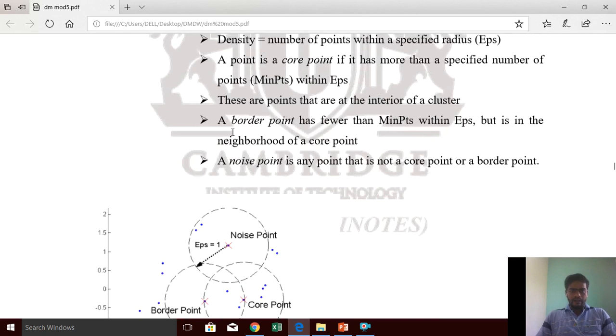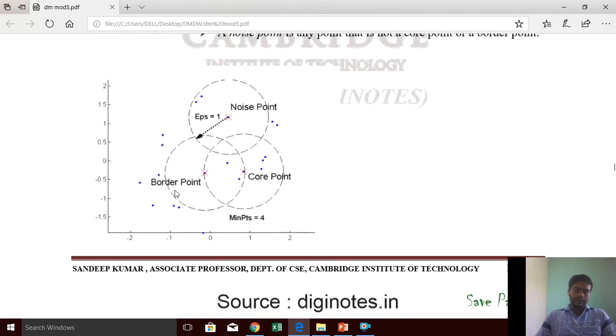Now a border point has fewer than minimum points within epsilon, but it is in the neighborhood of a core point. So which point do you call a border point? Take another point, take a radius of epsilon and draw a circle. Once I draw this circle, how many points are there in it? 1 and 2. There are only 2 points in this circle, which does not satisfy the criterion of minimum points equal to 4.